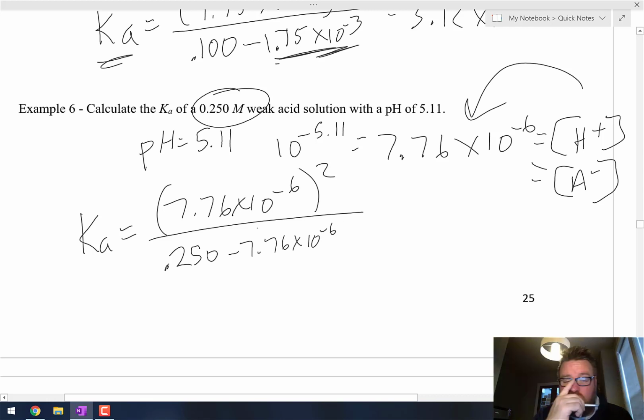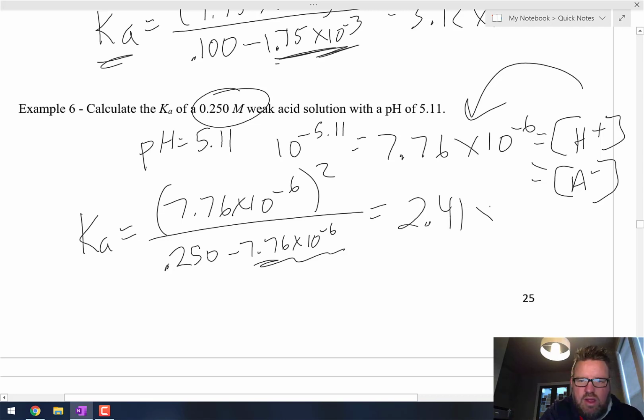Okay, so 0.250 minus 7.76 times 10 to the minus 6. So I'm going to square 7.76 times 10 to the minus 6, and then divide by, in parentheses, 0.250 minus 7.76 times 10 to the minus 6th. And again, if you leave this part out, you're probably going to get the exact same answer, I would imagine. 2.41 times 10 to the negative 10th would be this.